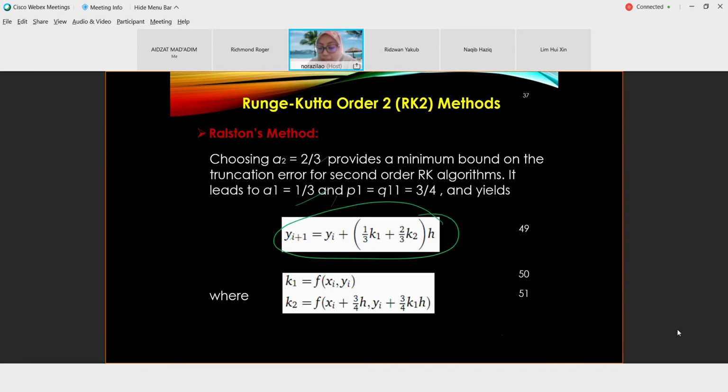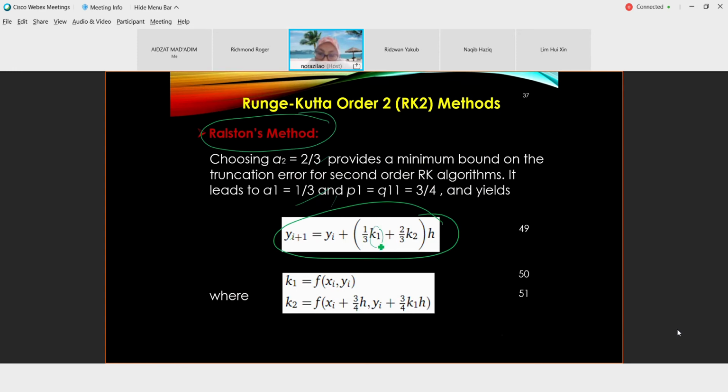If a1 and a2 equal 1, we only call it second order Runge-Kutta. If a1 and a2 equal half, we call it the Heun method. If a1 is equal to 1 over 3 and a2 is 2 over 3, we call it the Ralston method. However, we need to calculate K1.